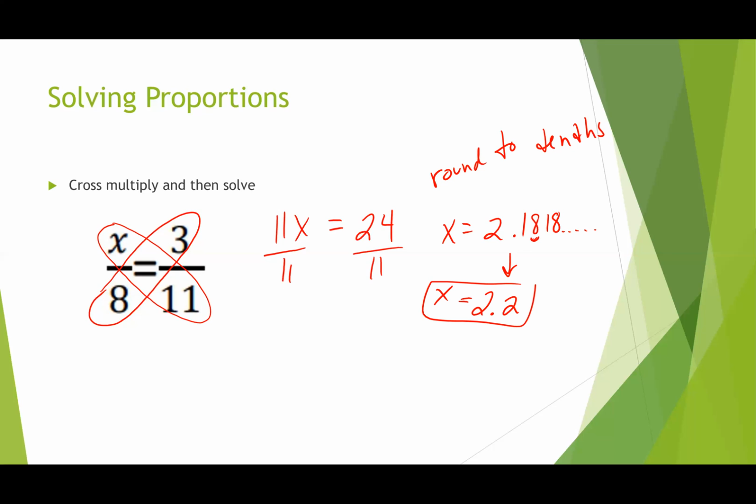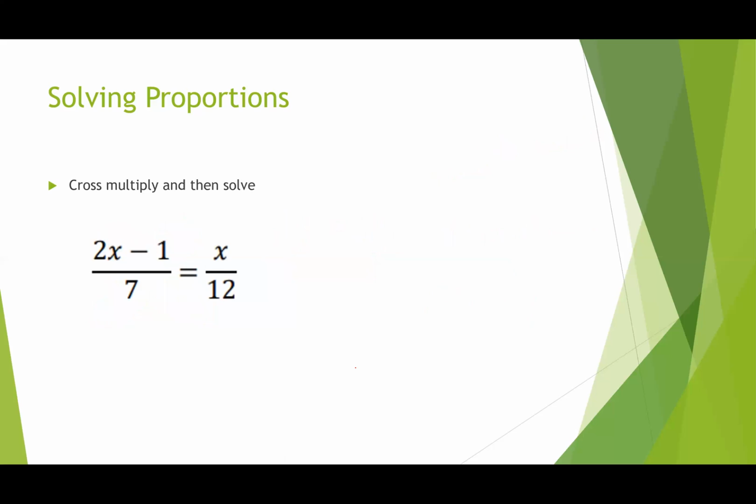Next one: here we've got two parts of our ratios that have fractions in them. So we'll cross multiply, the same process. I'm going to do the easier diagonal first, and it doesn't matter which one you write first. So 7 times x, which is 7x, equals.